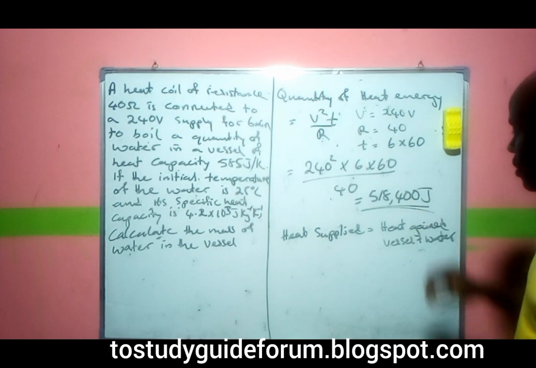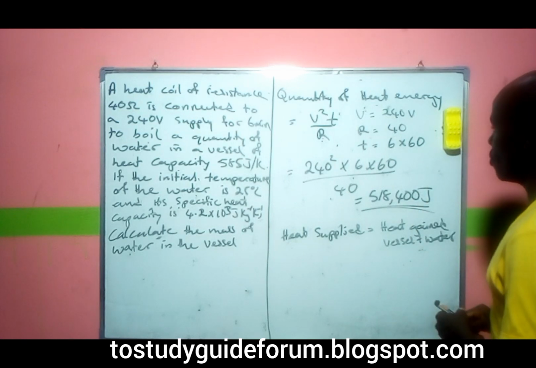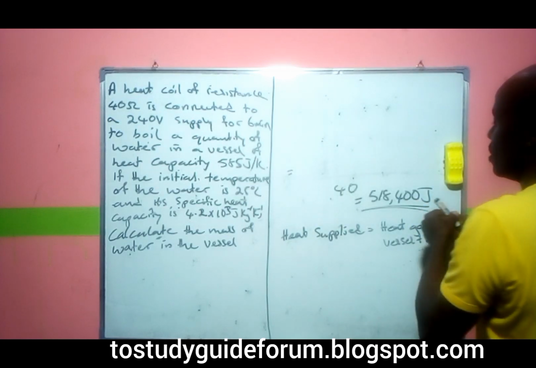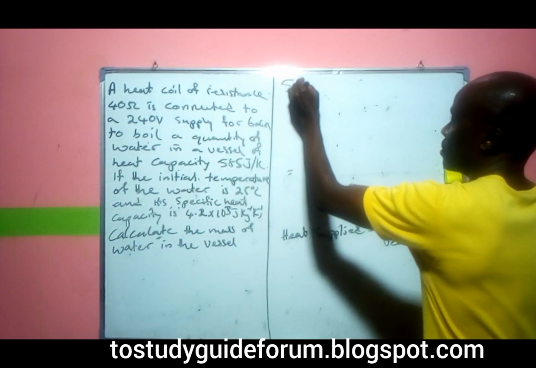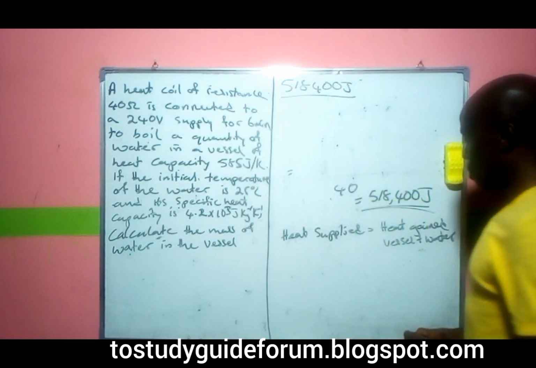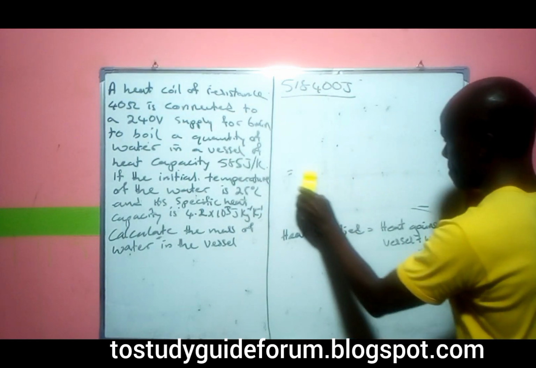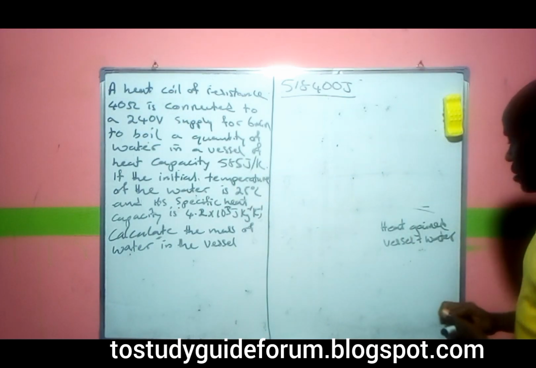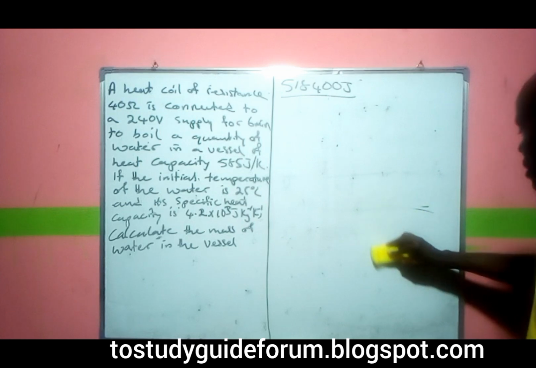So what next? We have the quantity of heat already. Let's leave this here in case we come back to it. Now we're going to get the heat gained by the vessel and the water.